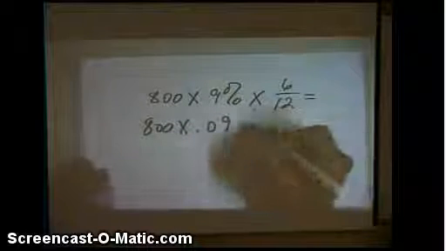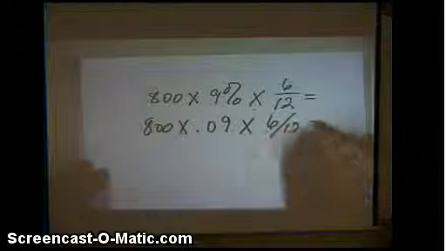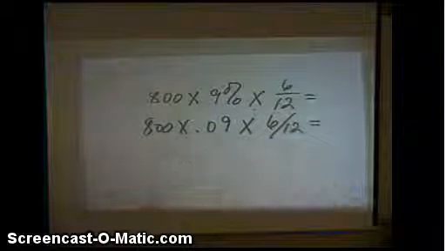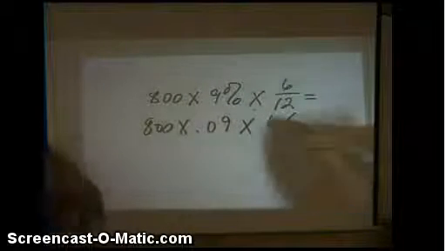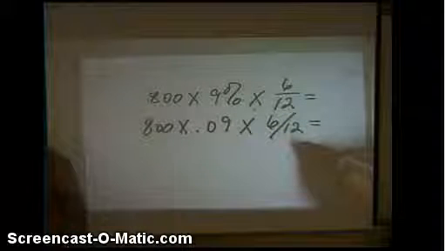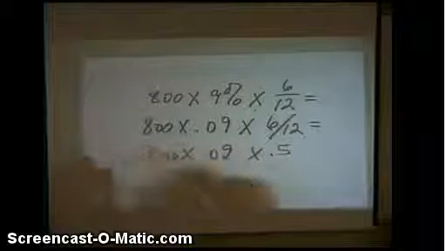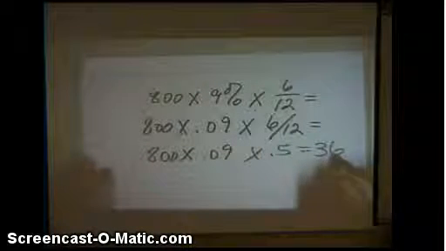Or you could change this to 0.5, which would certainly be simplest. 6/12 is 0.5, so if you're just multiplying it out, you're going to get your 36. If you just key it in your calculator, just like it says it.